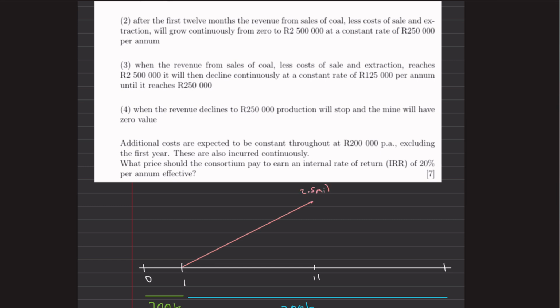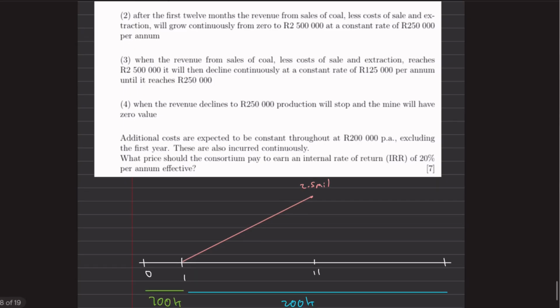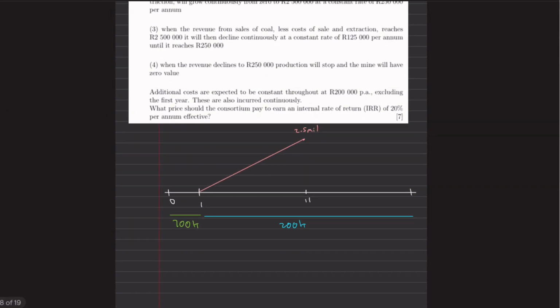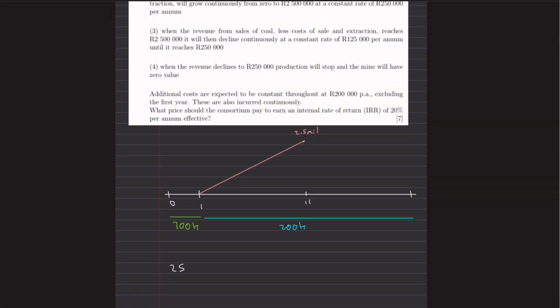Okay, so that's going to grow continuously up until this point, which is at 2.5 million. Then it says it declines at 125,000 per annum until it reaches 250,000. So to work out how many years it's going to decline for, we can take the peak, 2.5 million, minus 250,000. That's going to give us 2,250,000.